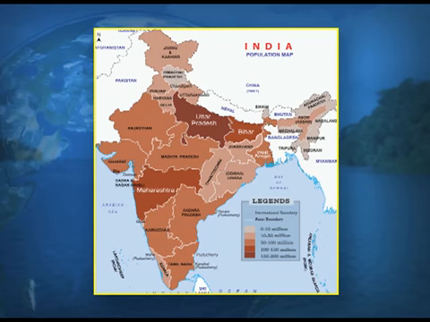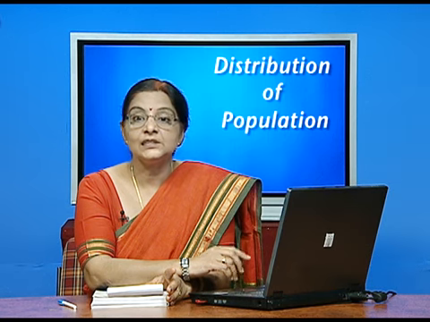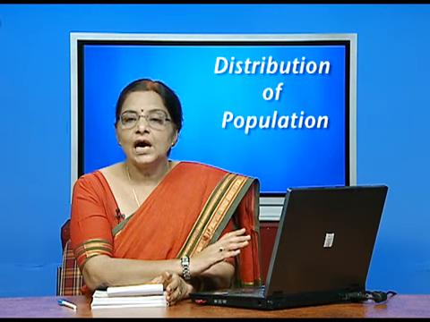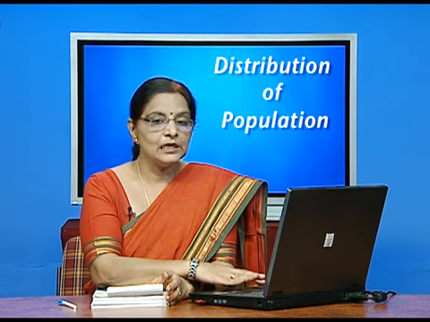If you see the other tints of the color followed in the states of Bihar, Maharashtra, West Bengal, on the map you can see the location of these states also. These indicate that these states have a lower population than UP. And I've just told you that these 5 states account for half of the population of India.